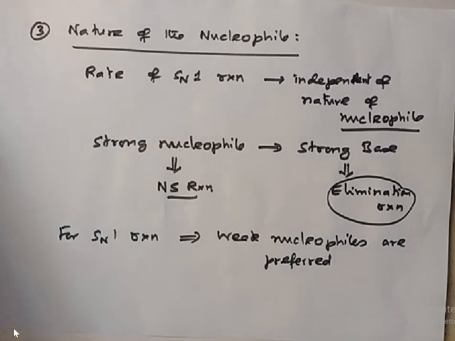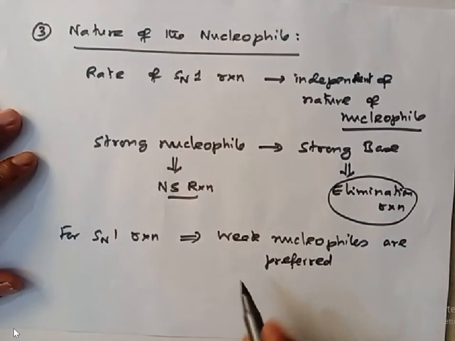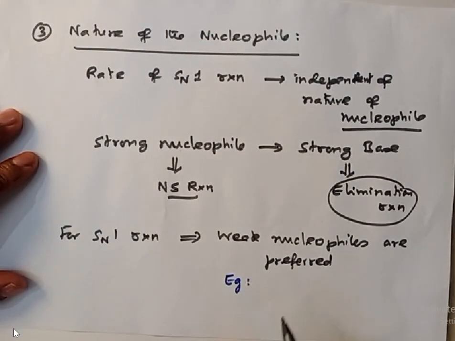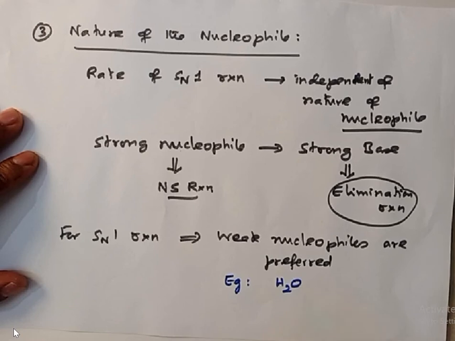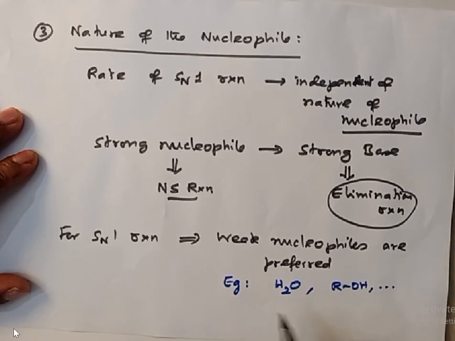Examples of weak nucleophiles, let me write here. There are several examples available; I'll give one or two. Water: sometimes the solvent itself acts as a nucleophile. Water and alcohol are examples of weak nucleophiles.